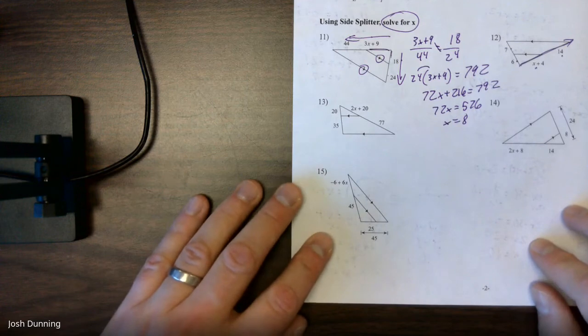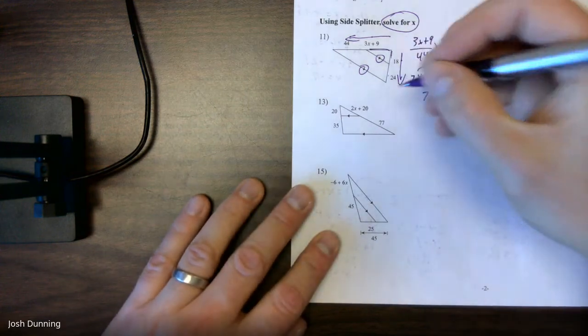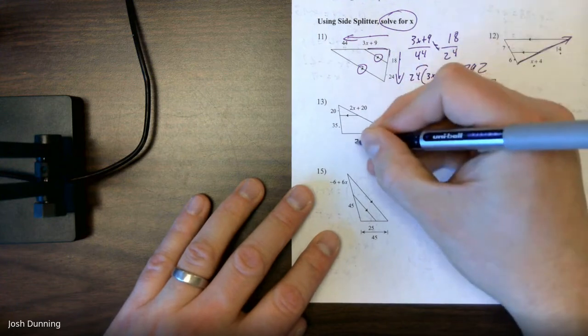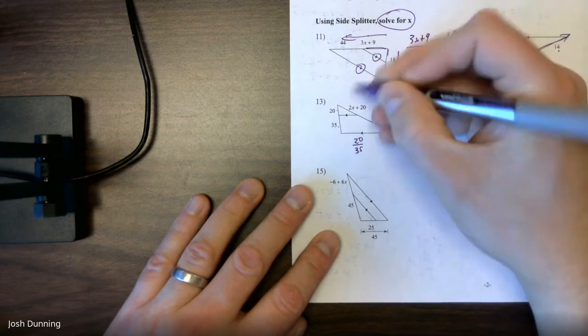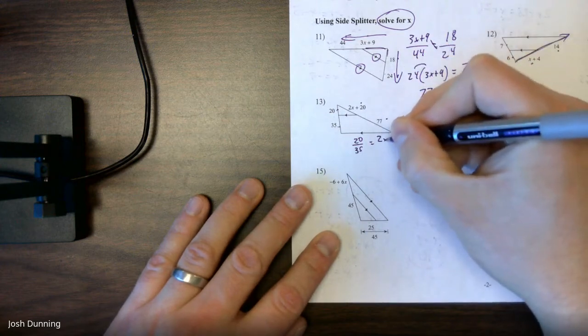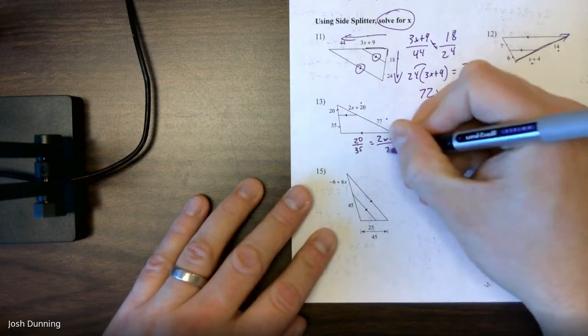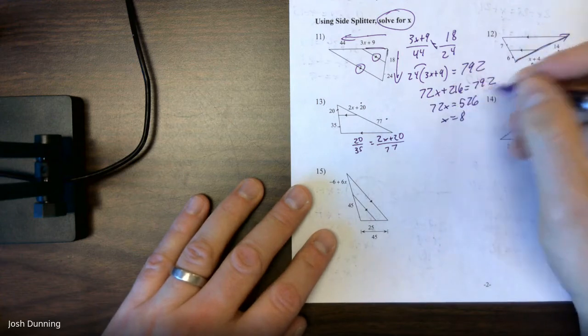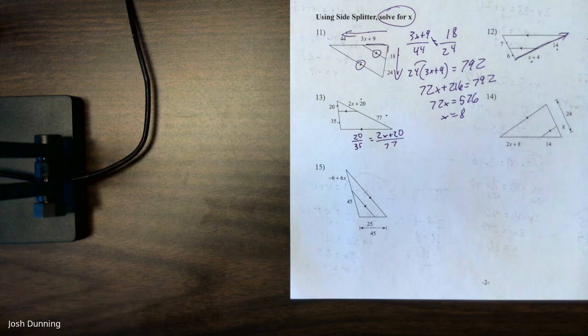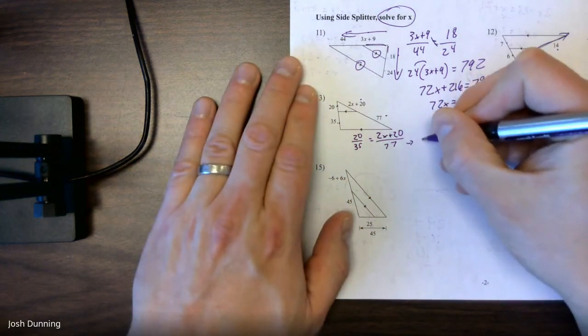Ooh, I should have written smaller there. I'll have to scrunch this in somewhere. Again, 20 over 35, top over bottom. So stay top over bottom. And you could do it the other way as long as you're consistent. So I got to cross multiply 20 times 77. 1540.